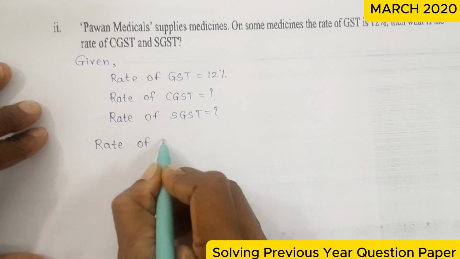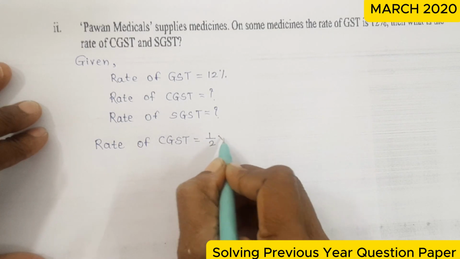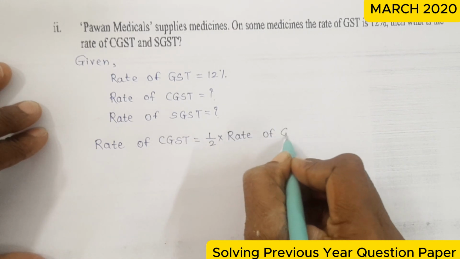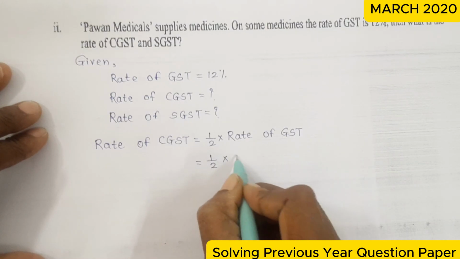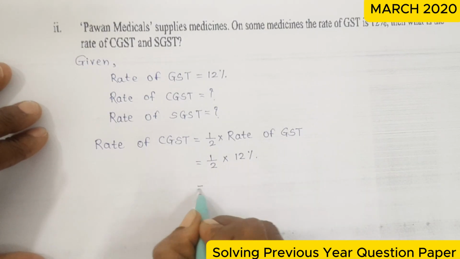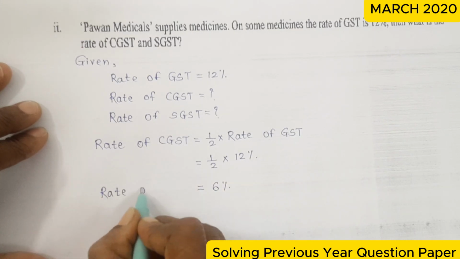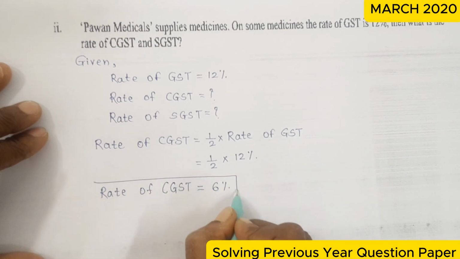Rate of CGST is equal to half of rate of GST. Okay student, so here 1/2 into 12%, so here 6%. Rate of CGST is equal to 6%.